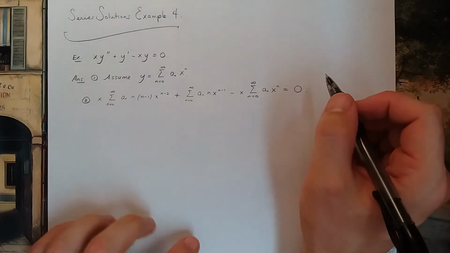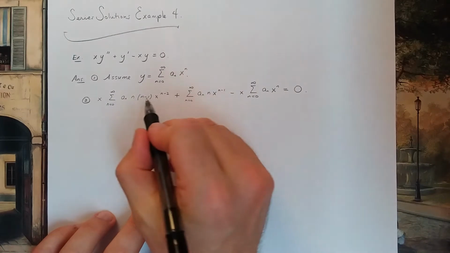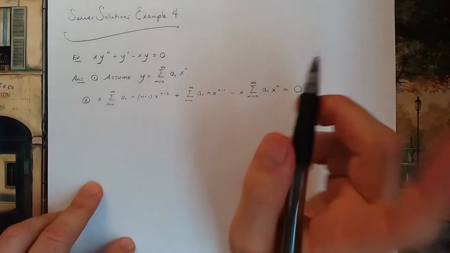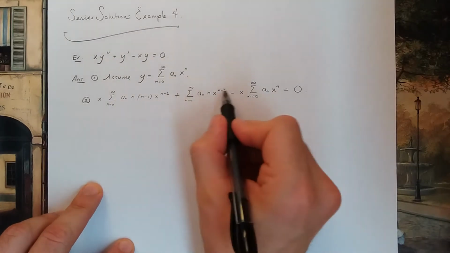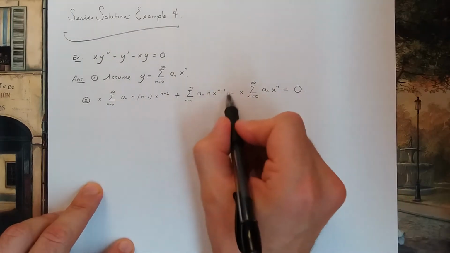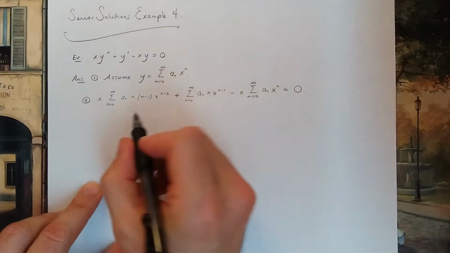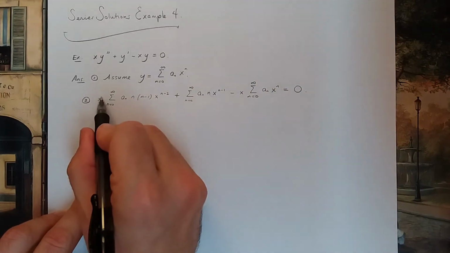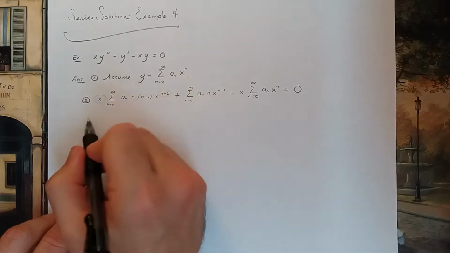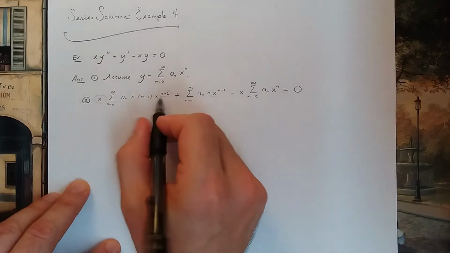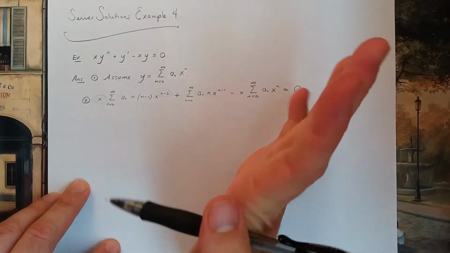Now, I'd like to compare the coefficients of x to the n on both sides of this equation. In preparation for that, I'm going to make every exponent be x to the n. Notice I have an x in front times x to the n minus 2, so the first sum I'm going to shift by 1.